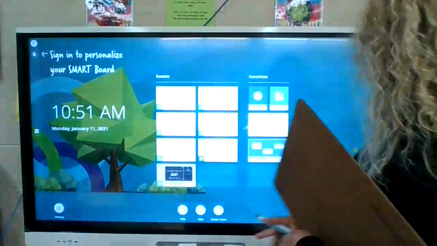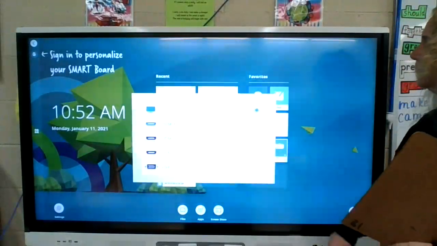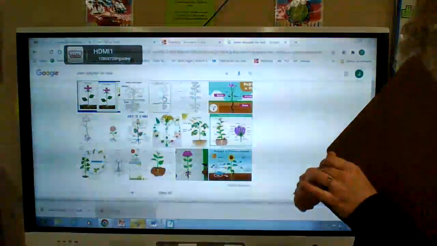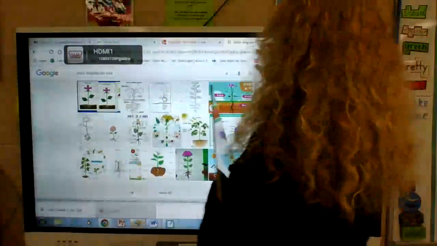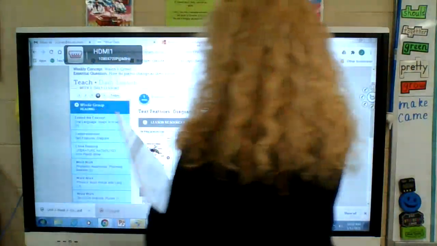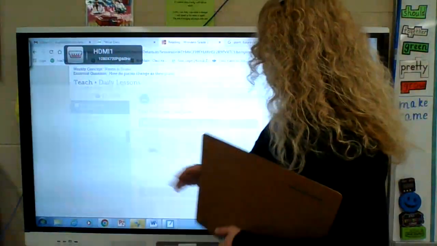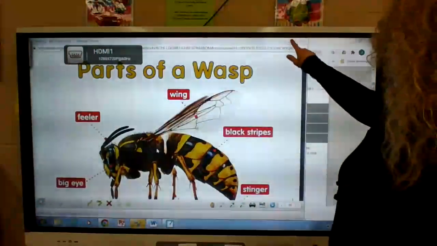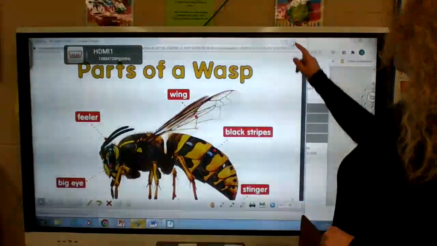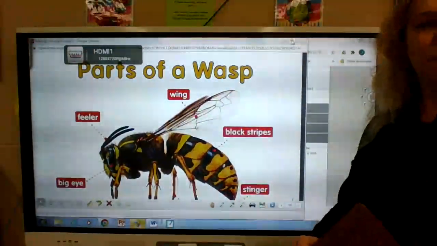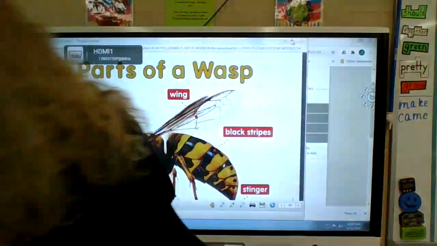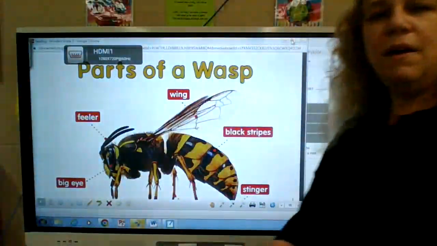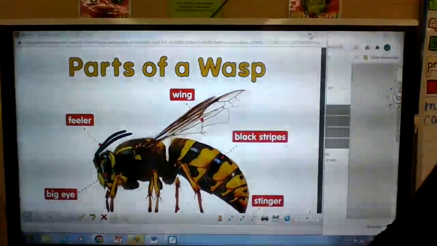All right, so let's look at a diagram on here. That's not the one. I was looking up plant diagrams. Okay, so here's one. I turned that off hoping that would work for us, and now it's still not working for me. All right, so we have parts of a wasp.